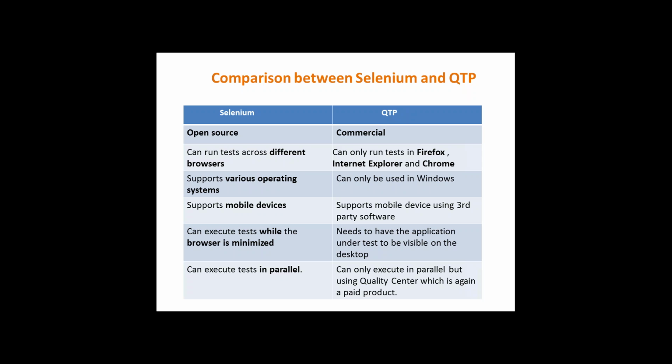That is known as parallel testing. In QTP it is not possible. We can execute in parallel, but we need to purchase the QC add-on, using Quality Center, which is again a paid product. These are the main drawbacks of QTP compared to Selenium.